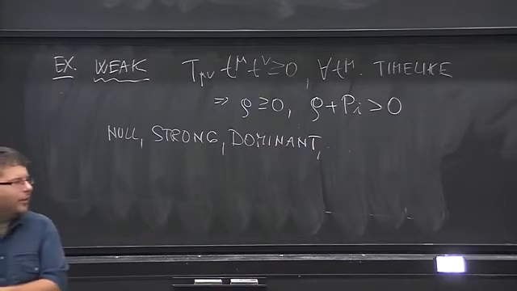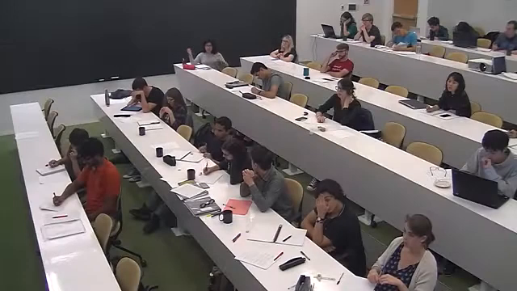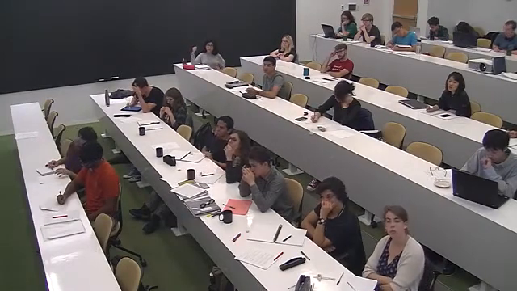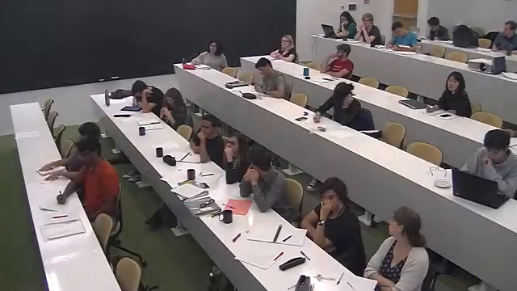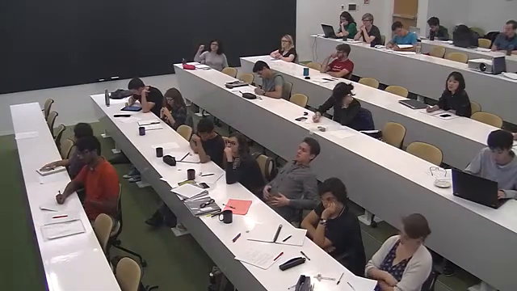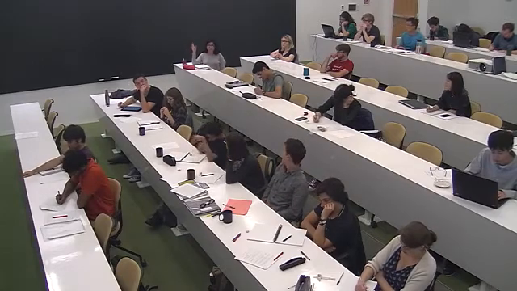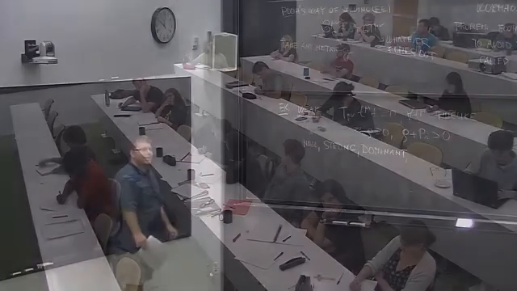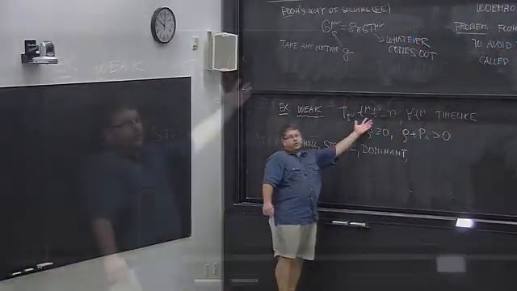Yes? For the weak energy condition, you are considering all time-like curves. Yeah, you consider t mu to be any time-like vector. For example, when we are solving Einstein's equation, we consider T mu nu from some physically reasonable source. Which coordinates do we use? Oh, very good. This is a coordinate invariant statement, right?